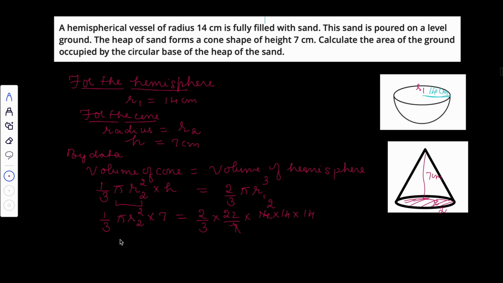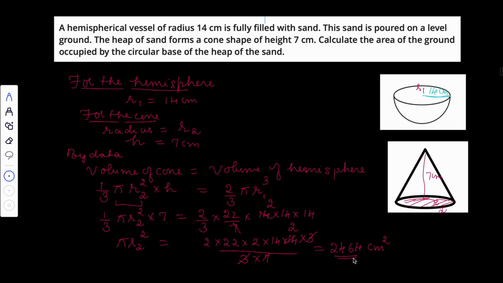Now we want to find pi R2 square, so we'll bring this to this side. Numerator 2 into 22 into 2 into 14 into 14, then 3 will come to the numerator, divided by 1 by 3 and this 7 will come here. Now we'll simplify. 3 and 3 get cancelled, 7 goes 2 times here. When we multiply all this, 2 into 22 into 2 into 14 into 2, we get 2464 centimeter square.